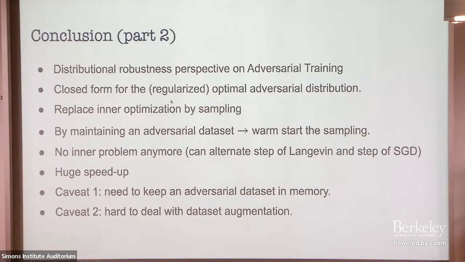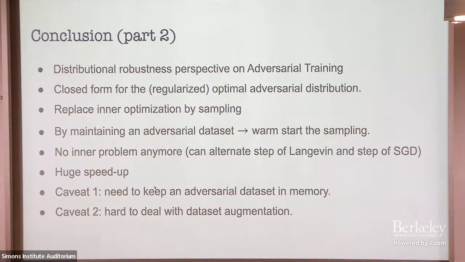With the entropic regularization, we got a closed form for the inner maximization of the min-max problem that allowed us to replace the inner optimization by sampling. And basically the 2 tricks are that we now maintain an adversarial data set that warm starts the sampling, because this adversarial data set is a continuous function of the classifier. And we got a huge speed up.